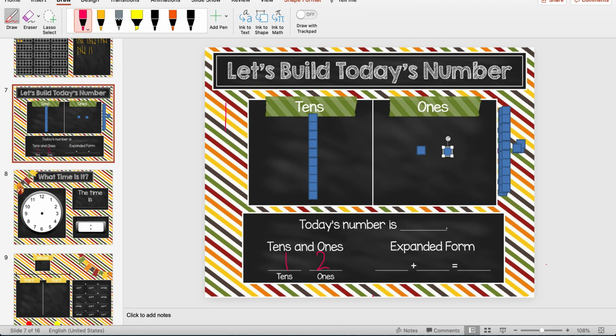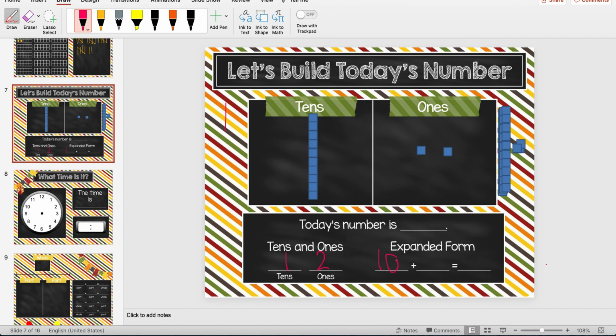All right, so now to write my number in expanded form, all we're going to do is add this number to this number, okay? But instead of writing a 1, we're going to write how many are actually there. How many little ones are inside this bus? There's 10 inside of there.